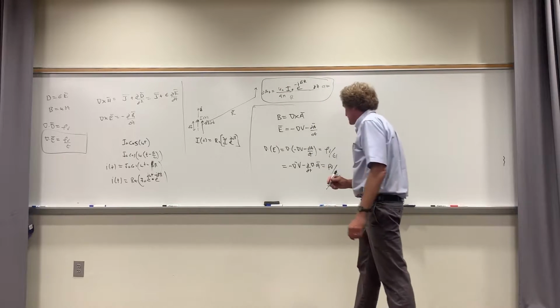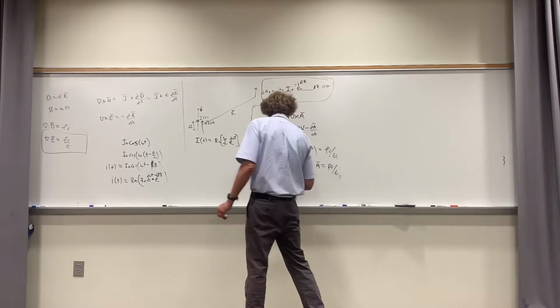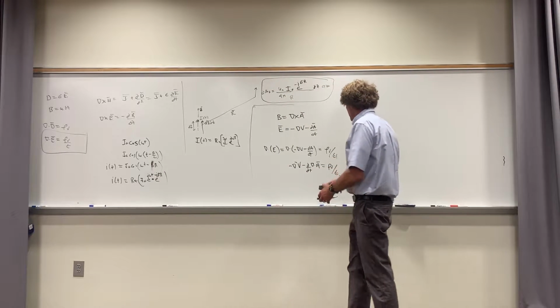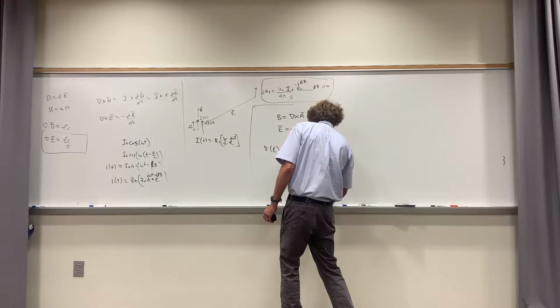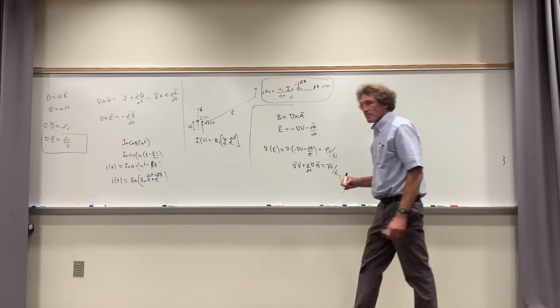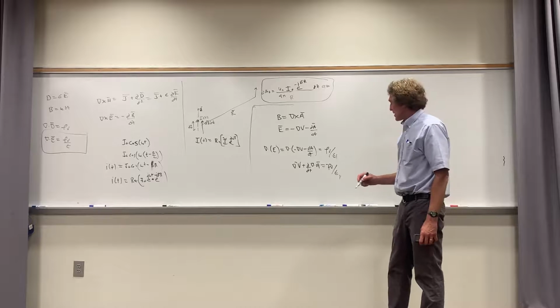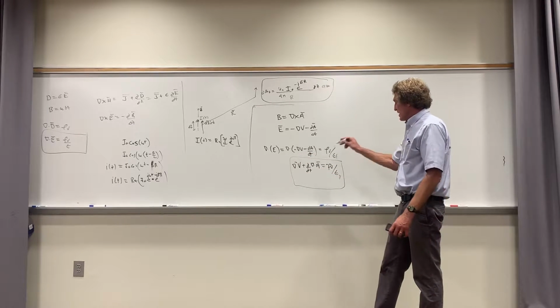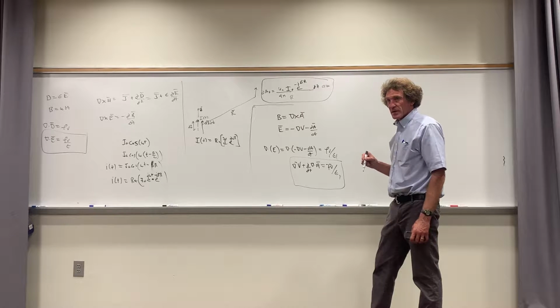You with me so far? And what's usually done at this point, you take the minus sign and put it on this side of the equation. Make that plus. Follow? We're not there yet, but at least you see I've got divergence of A defined. I've defined the curl. There's the divergence of A. Correct, class?